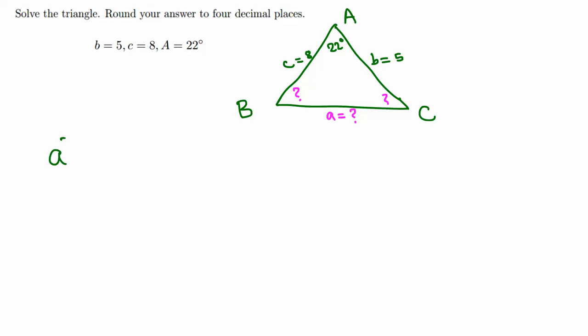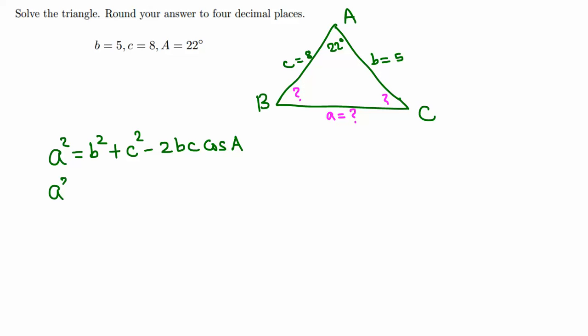a squared equals b squared plus c squared minus 2bc cosine of A. Angle A is given, so we want to use this formula. Since a is unknown, b is given, c is given, and angle A is given, we can find side a.